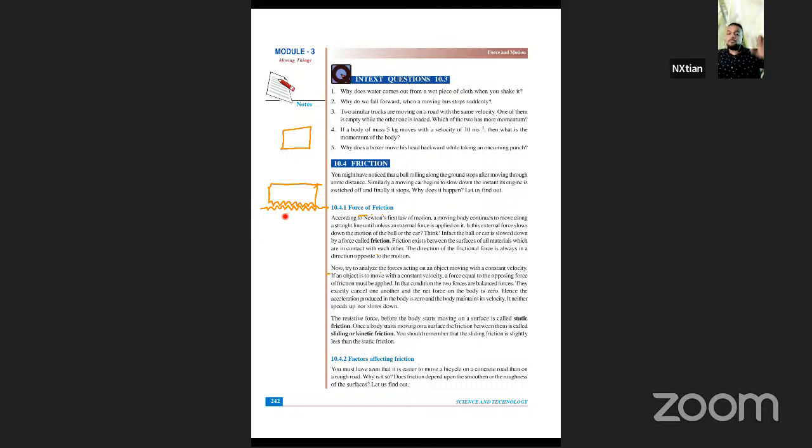That's why the object is not moving. So friction works to stop the object. It always gives negative acceleration, meaning it always applies a negative force. Yes or no? Now, can you read it? Everyone, force of friction.